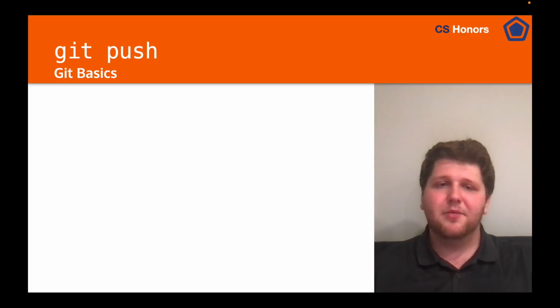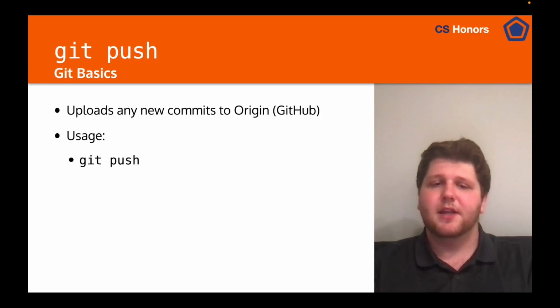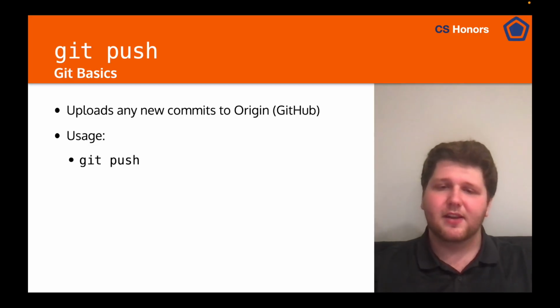All right, so now that we've made our commit, let's make sure that we're able to push it to GitHub, right? What we can do is run the git push command to upload any new commits to Origin, which is GitHub. All we have to do for that is run git push, and if this is an existing repository, it'll just automatically send it to GitHub.